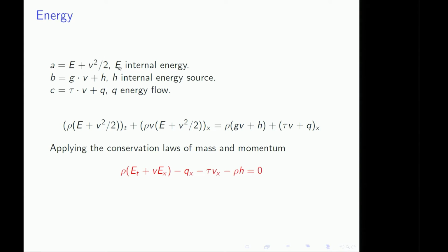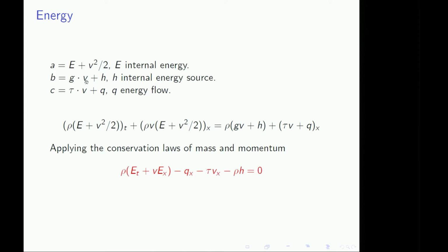And E is something that basically doesn't inherently have anything to do with system movement. So it's system internal energy that is there irrespective of the movement of the system. For the source terms, we have a similar division.